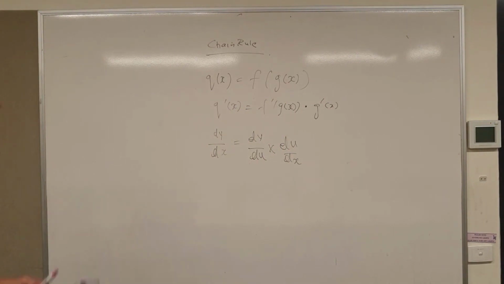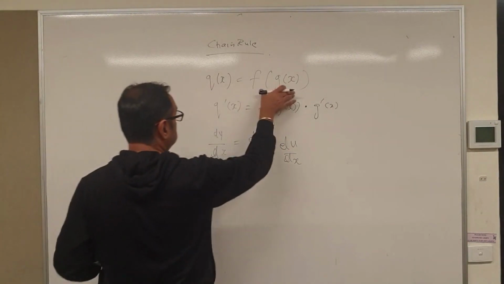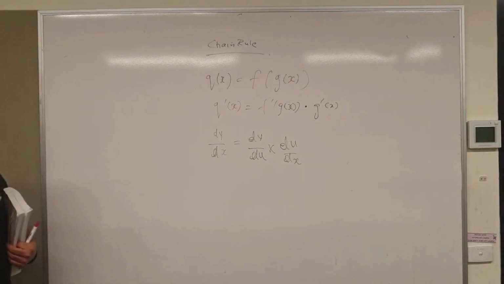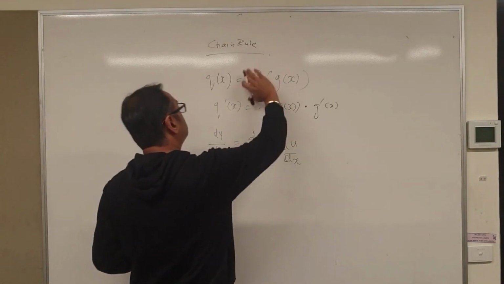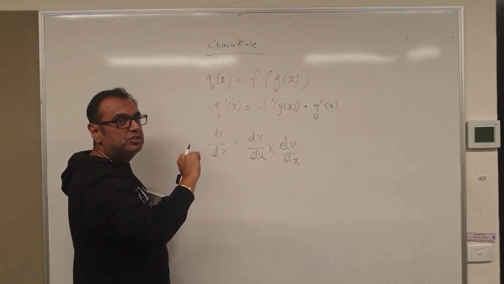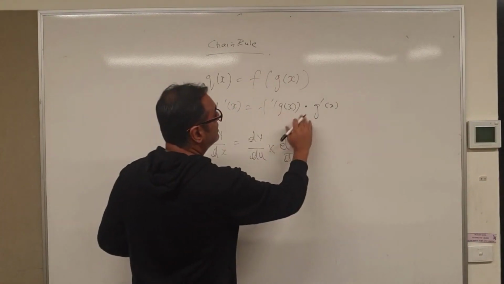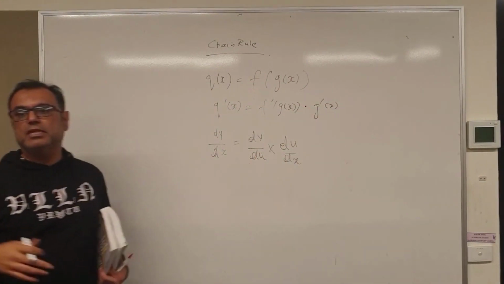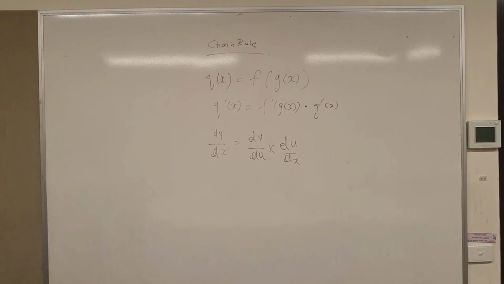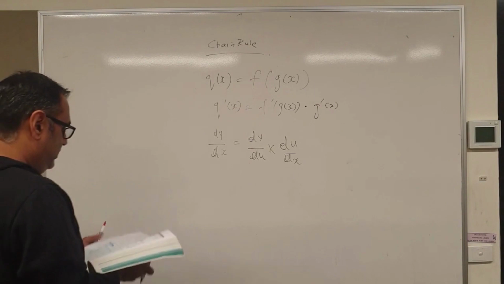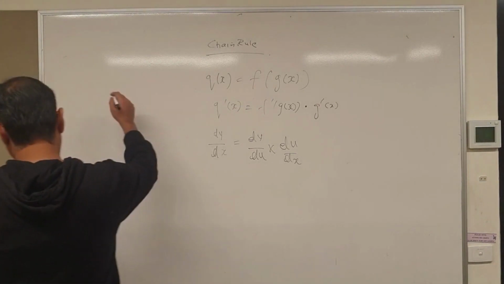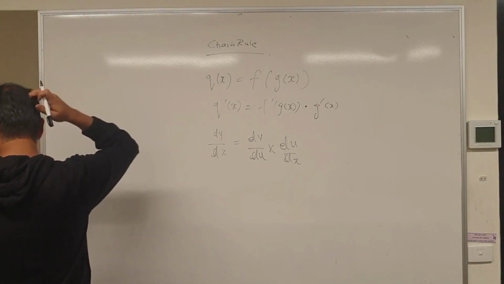If you've got a function sitting within the function, then you find the derivative of the outer function times the derivative of the inner function. That's the chain rule. All good?